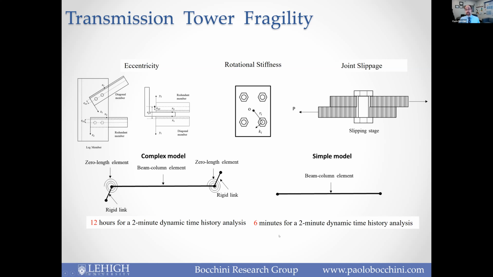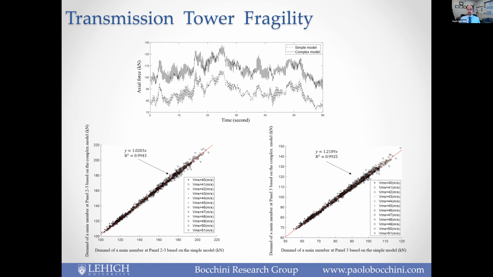Now, what we noticed is that the behavior of the complex model and of the simple model can actually be obtained for each node and for each component of each tower simply by scaling, finding a specific scaling factor. So what we could do is run a couple hundred complex analyses and pair them with a couple hundred simple analyses with the same load, find for each joint the corresponding scaling factors, and then run millions of analyses with the simple model.